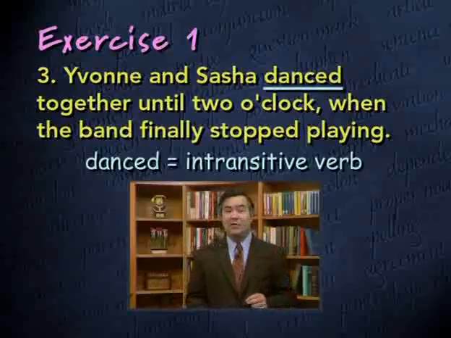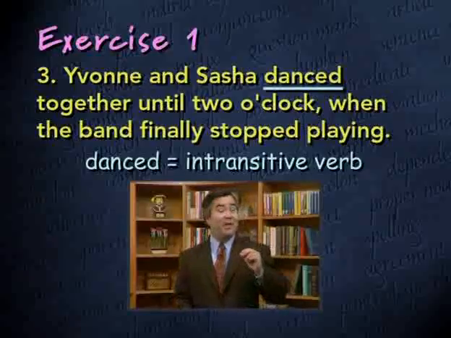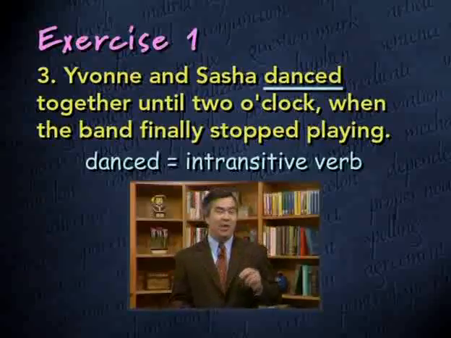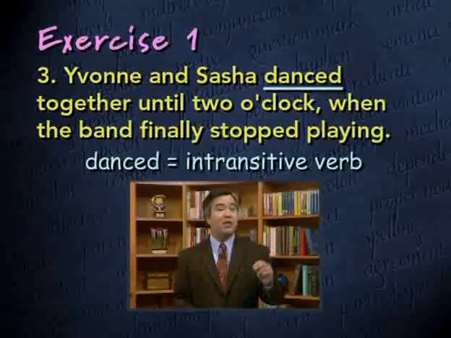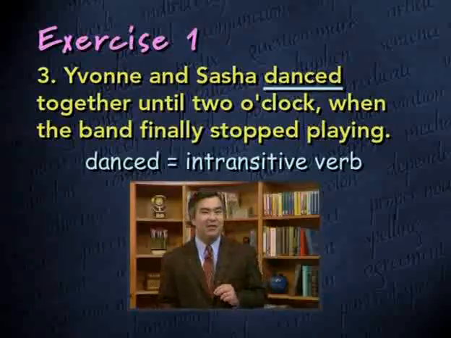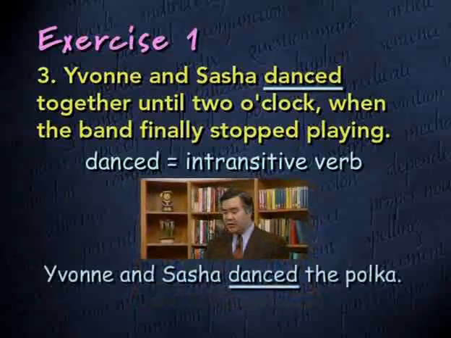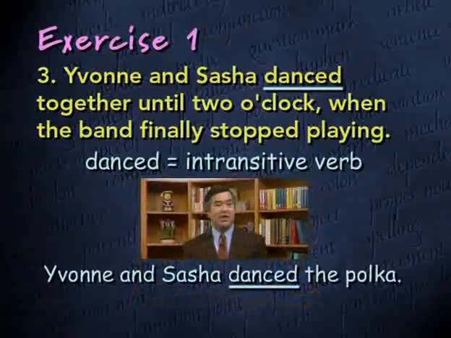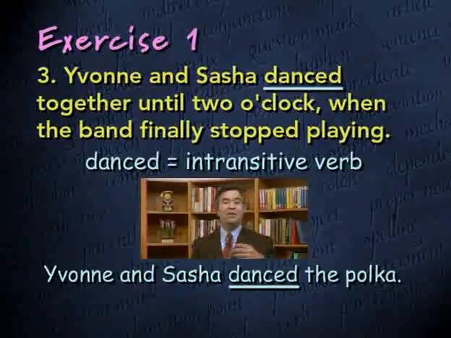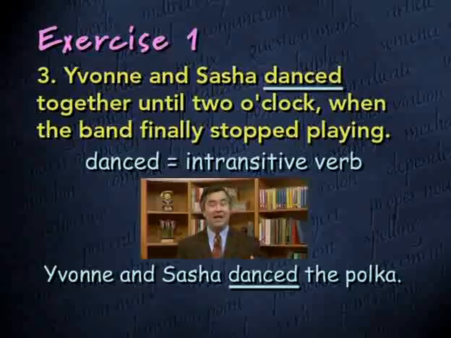Notice, by the way, that the verb danced can be used as a transitive verb. You could imagine a sentence in which there is an object receiving the action of the verb danced. For example, you could say, Yvonne and Sasha danced the polka. In that sentence, the word polka would be receiving the action of the verb danced. It would be telling us what they danced.